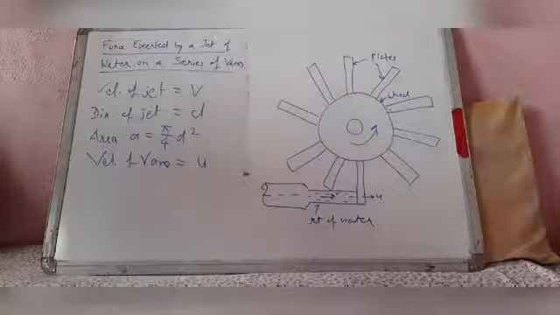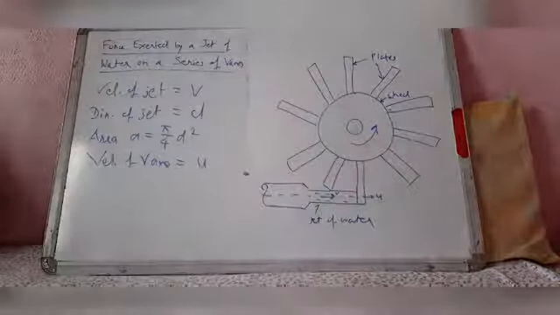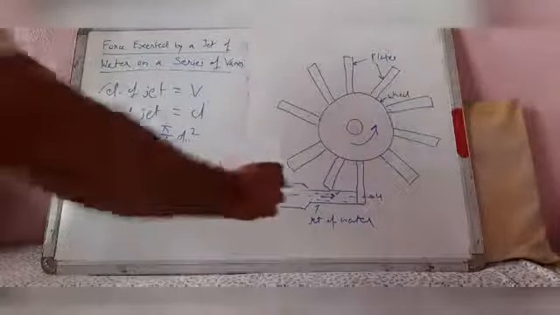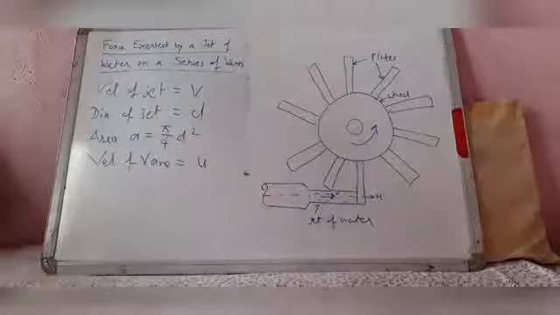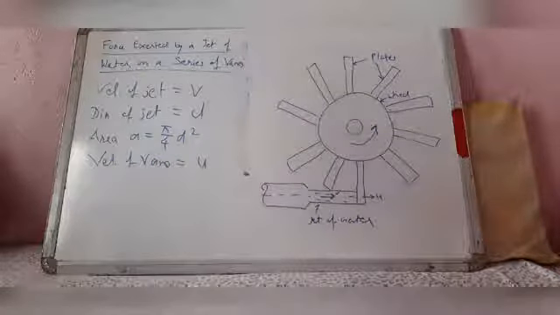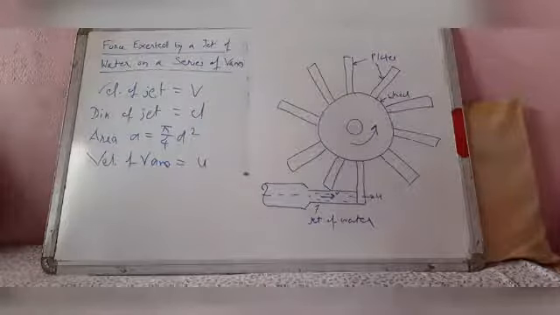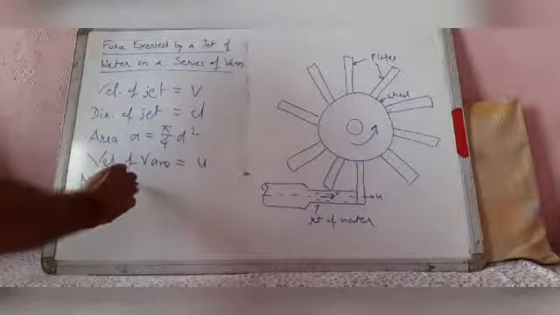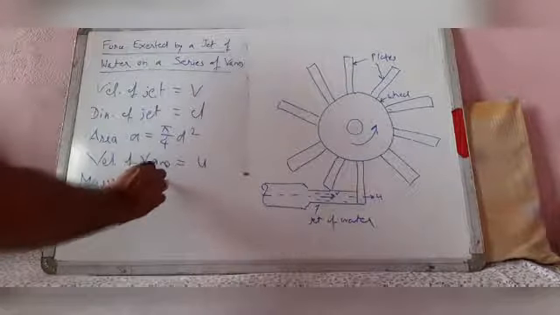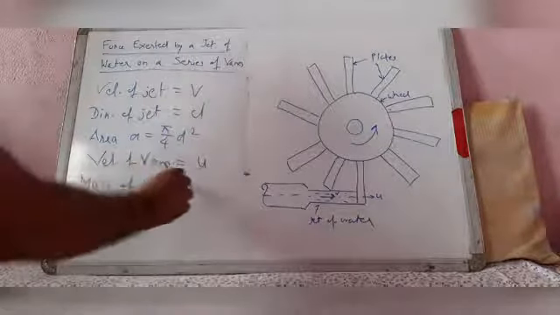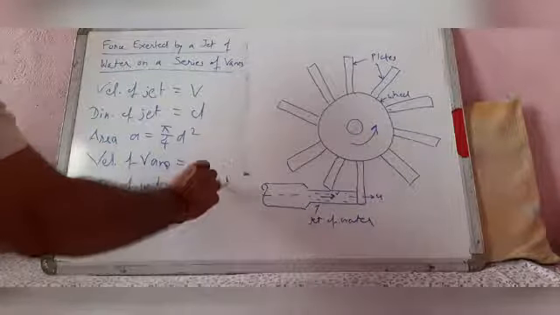In this case, the mass of water coming out from the nozzle per second is always in contact with the plates when all the plates are considered. Hence, the mass of water per second striking the series of plates is rho A v.